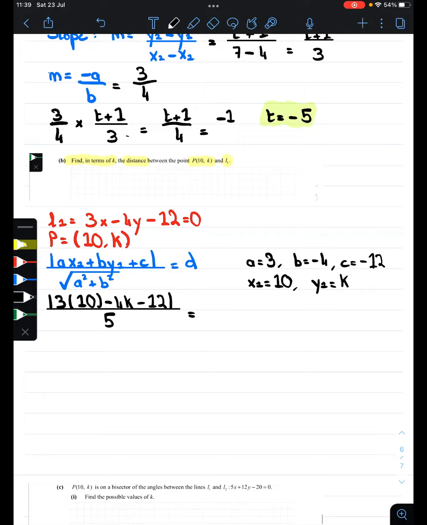Okay, so let's put that into a calculator. We get 30 minus 12, so 18 minus 4k, over 5. We were asked to find, in terms of k, the distance between the point and the line, and we have it. The distance is the magnitude of 18 minus 4k over 5.